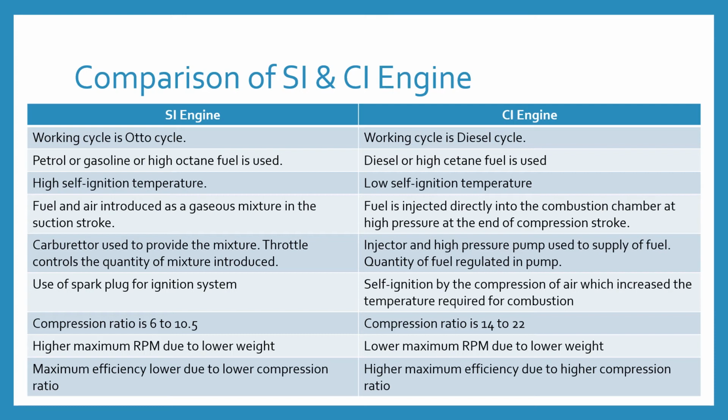In the SI engine, maximum efficiency is lower due to the lower compression ratio, and in the CI engine, higher maximum efficiency due to the higher compression ratio. So students, these are the basic differences in between SI and CI engine.